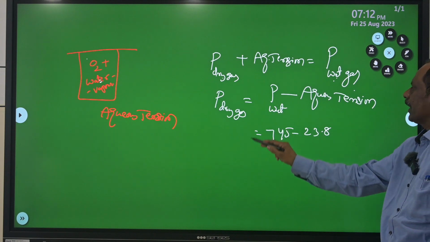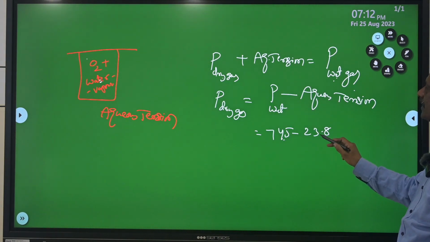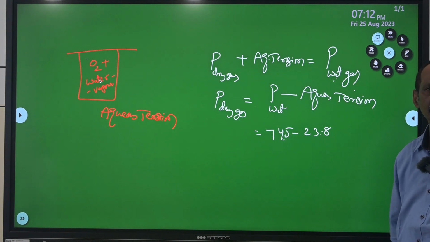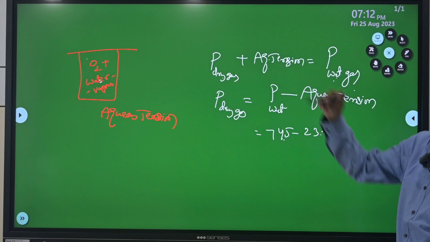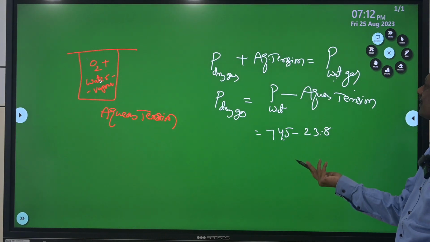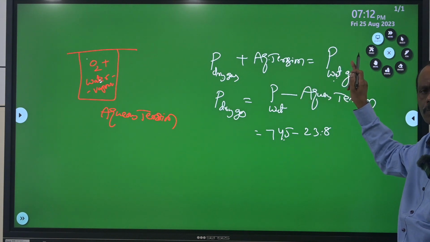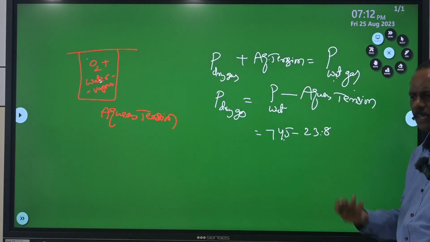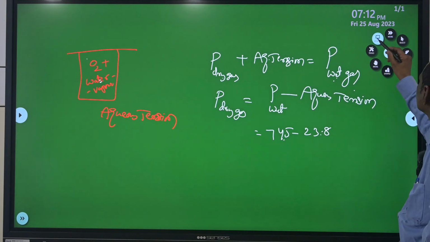So the wet gas pressure is given, the aqueous tension is given. Therefore, you can calculate the pressure of dry gas. So it is the application of Dalton's law. Pressure of dry gas plus pressure exerted by the water vapor is equal to the total pressure of the gas plus water vapor. That is called wet gas.